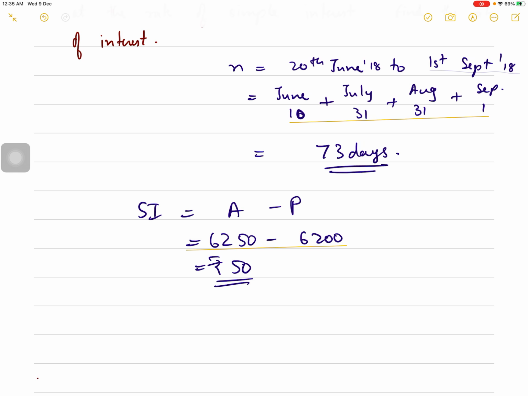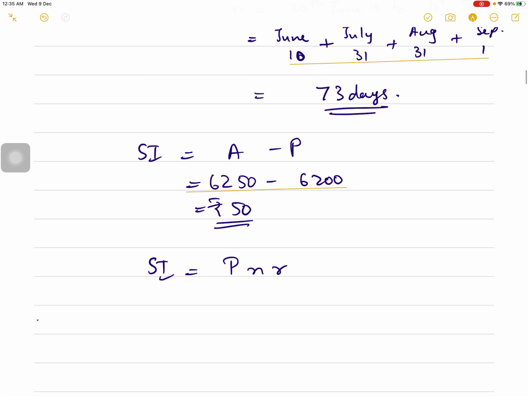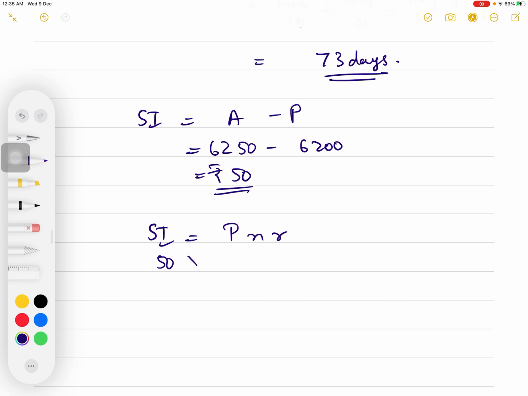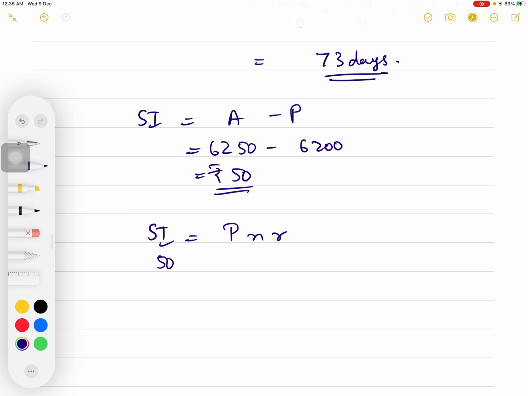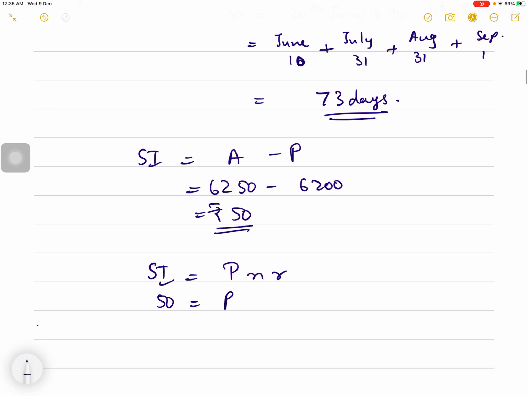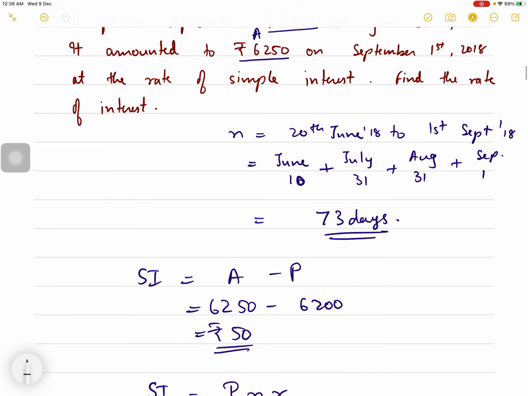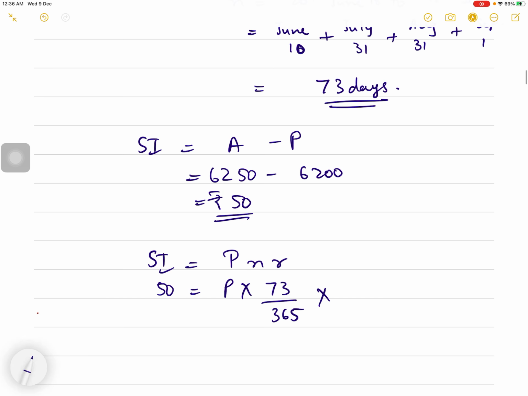So simple interest is equal to P into N into R. Simple interest is 50, which is equal to P, N is 73 days, so 73 upon 365, and P is 6,200.